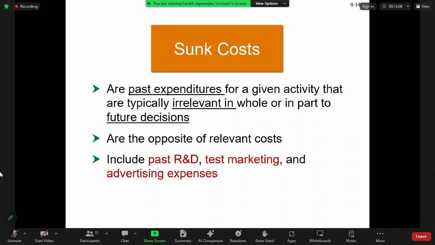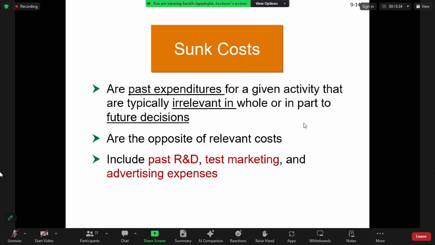For example, past research and development, test marketing, and advertising expenses, right? This is the opposite of the relevant cost. They have been done already. Based on these things we are developing the future, but in future we don't have to do this again, right? So that way it is different.